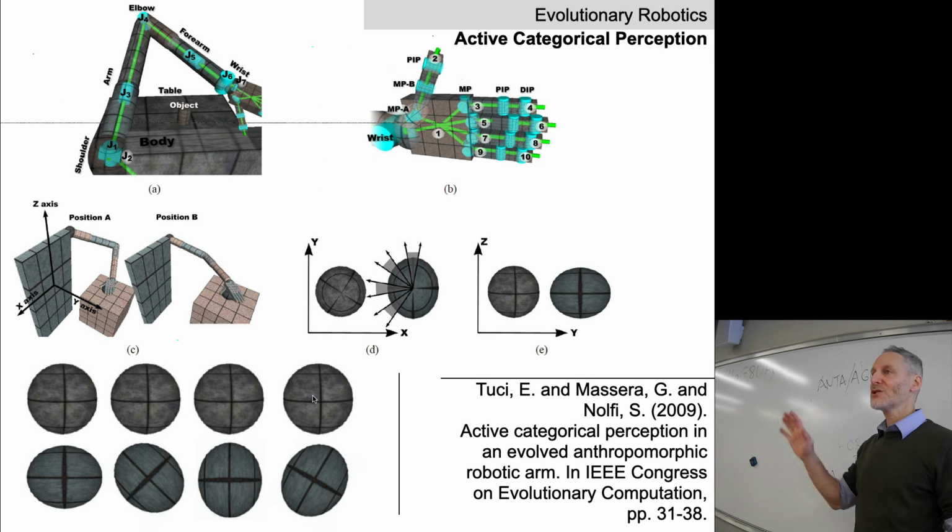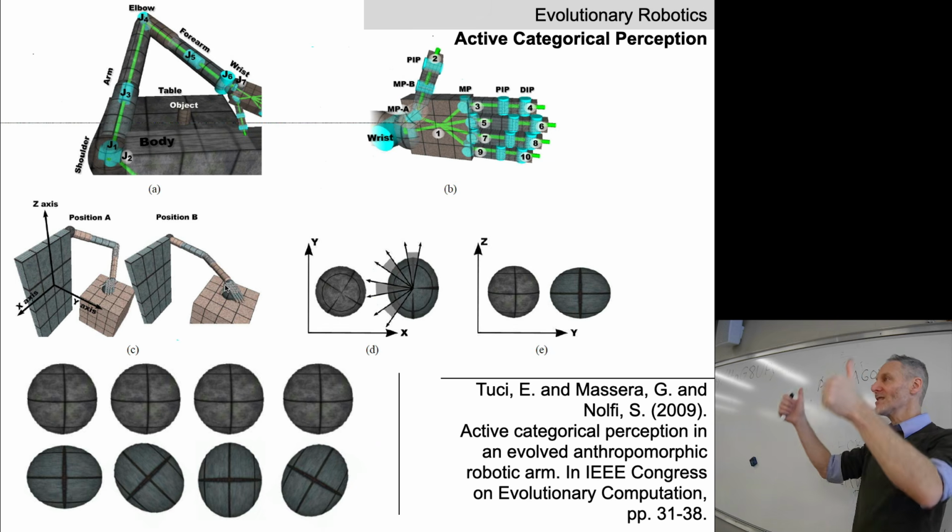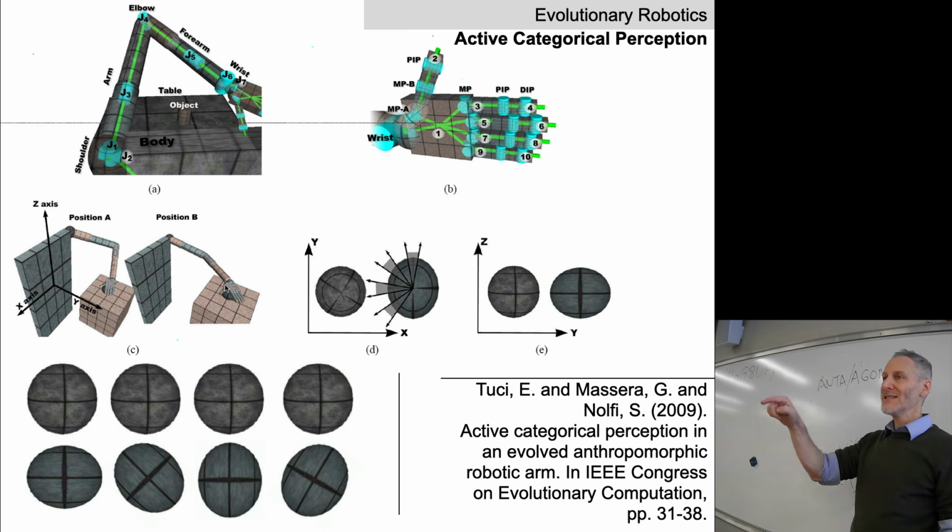So when we put a sphere underneath the robot's hand, we want the CTRNN to say sphere. When we place an ellipsoid underneath the robot's hand, we want the CTRNN to say ellipsoid. If it says the wrong thing, that CTRNN's fitness is going to be lower than another CTRNN that says the right thing more often. So far, so good?